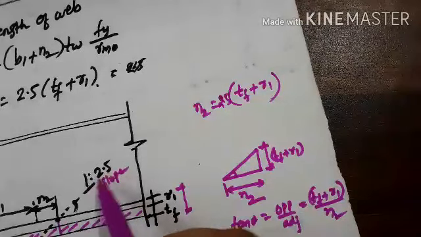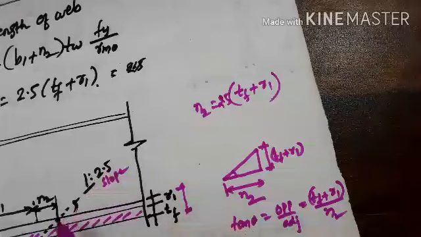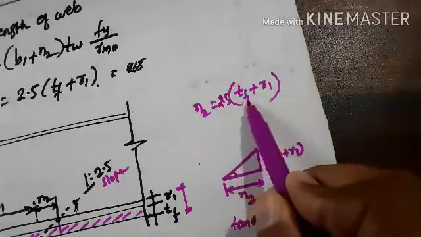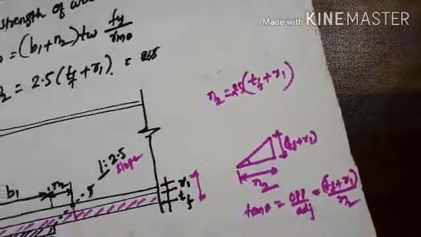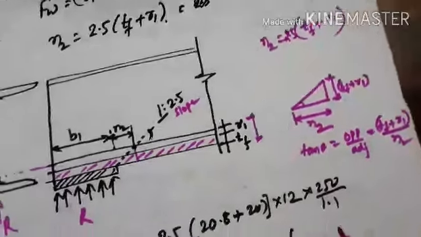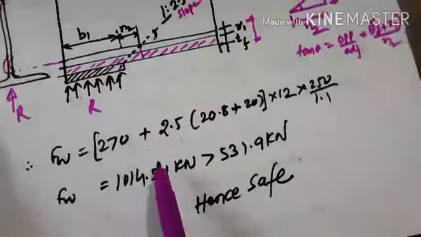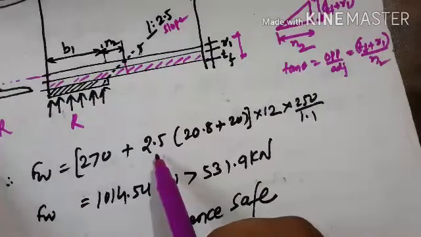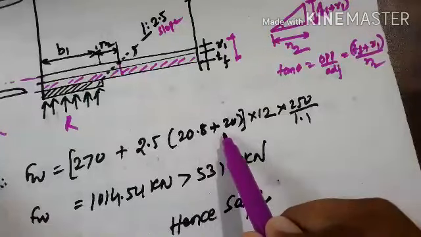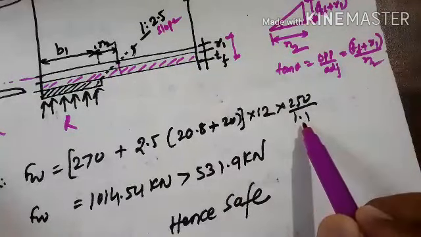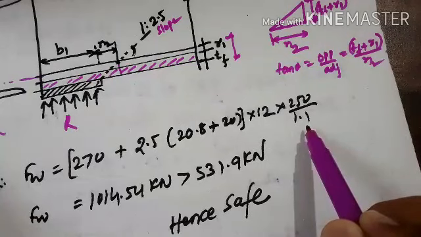Because at this ratio it is dispersing, you will get 2.5 into (T_f plus R1). I hope you understood this one. Then substitute here: 270 plus 2.5 into (20.8 plus 20), into 12, multiplied by 250 divided by 1.1.